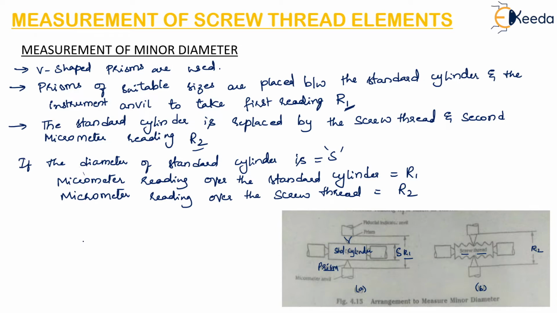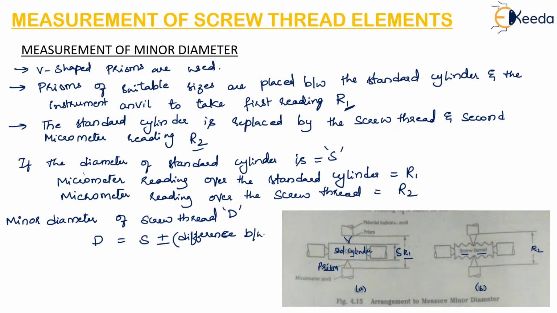So the minor diameter of the screw thread can be given as D equals S plus or minus the difference between R1 and R2. This is how we calculate the minor diameter of the screw thread for external threads.